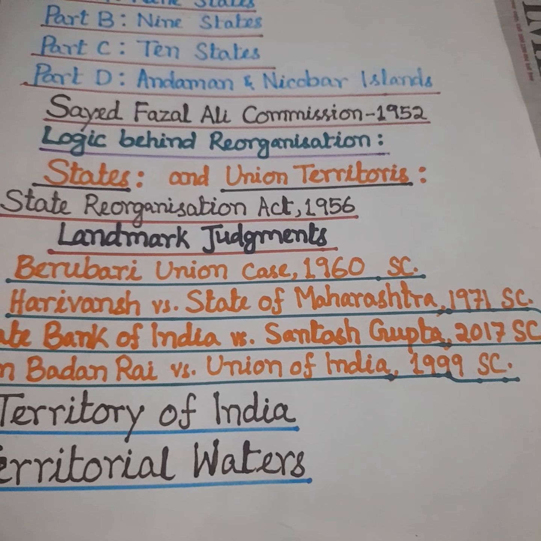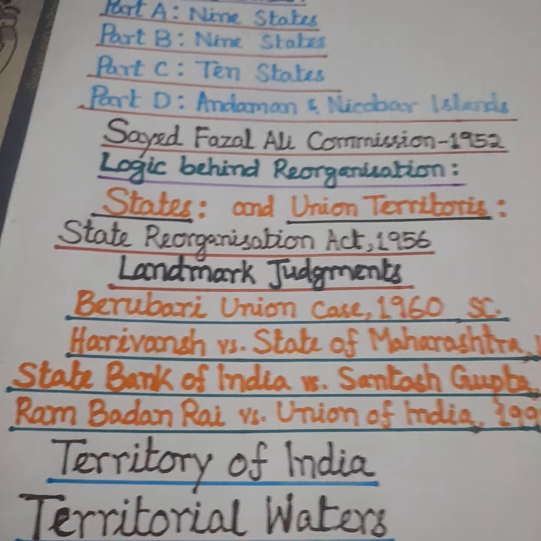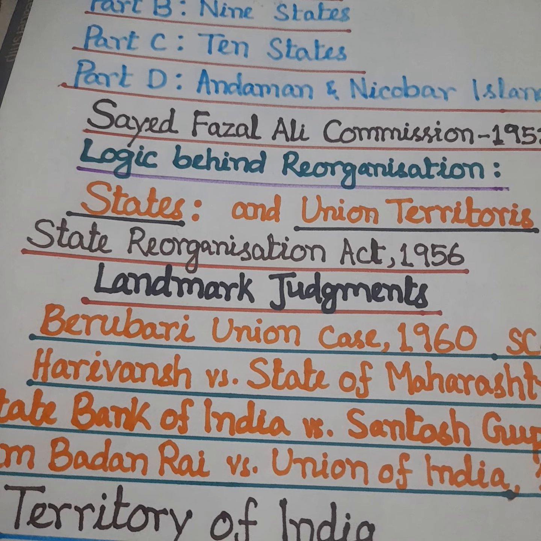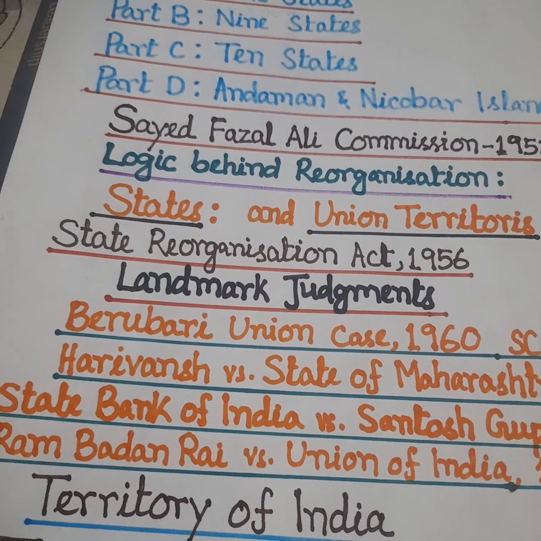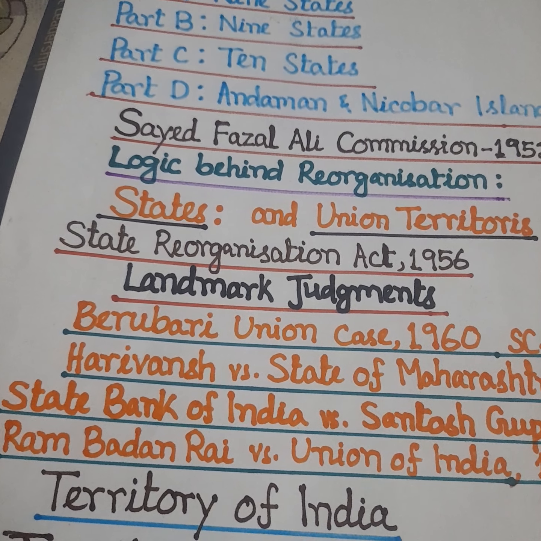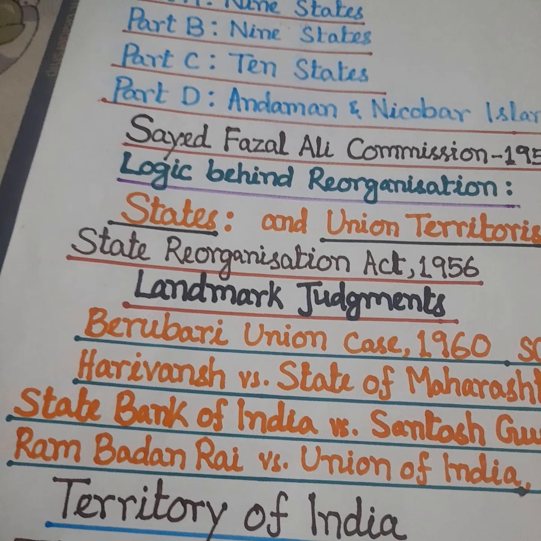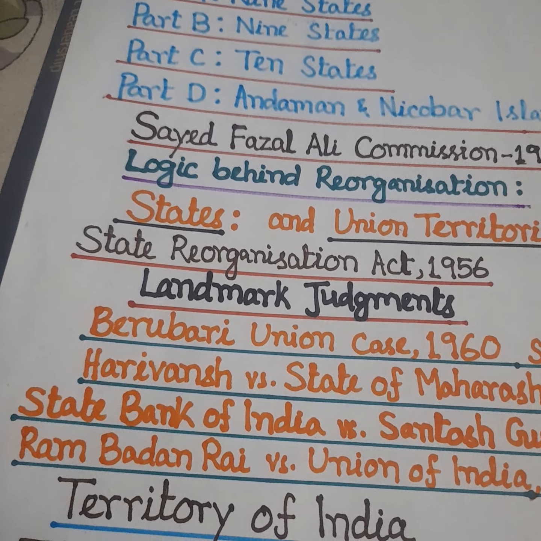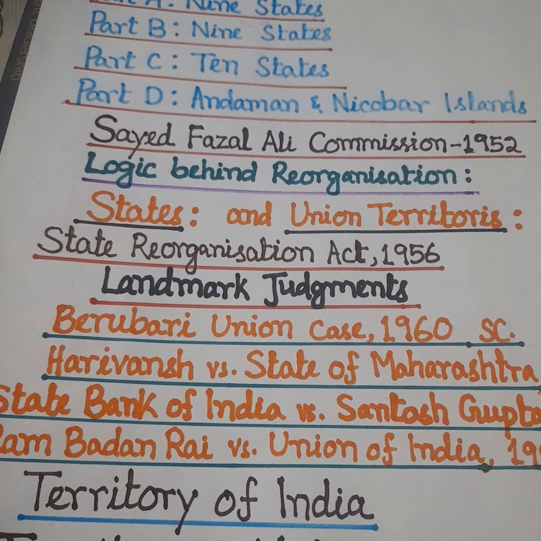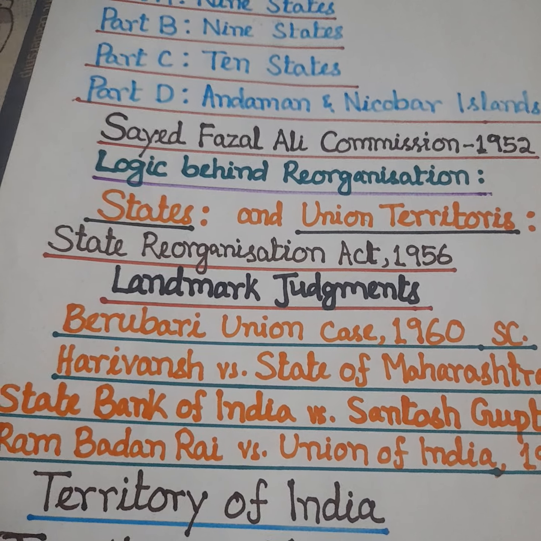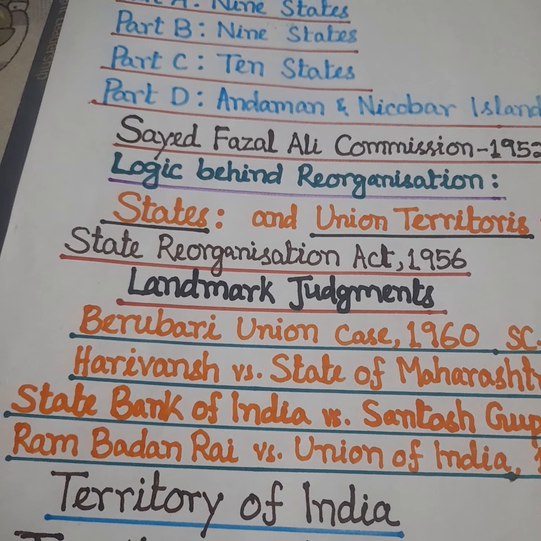In 1971, the Supreme Court expressed that foreign territories which became part of India on acquisition may either be admitted into the Union or constituted into new states under Article 2, or merged into an existing state under Article 3, Clause A or Clause B, or formed into a union territory.